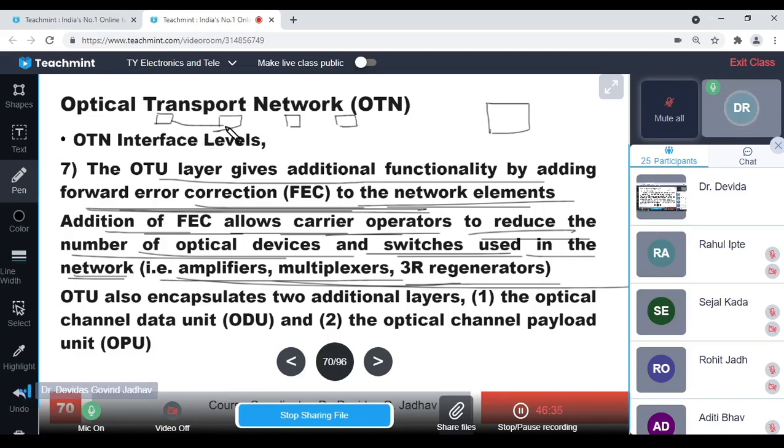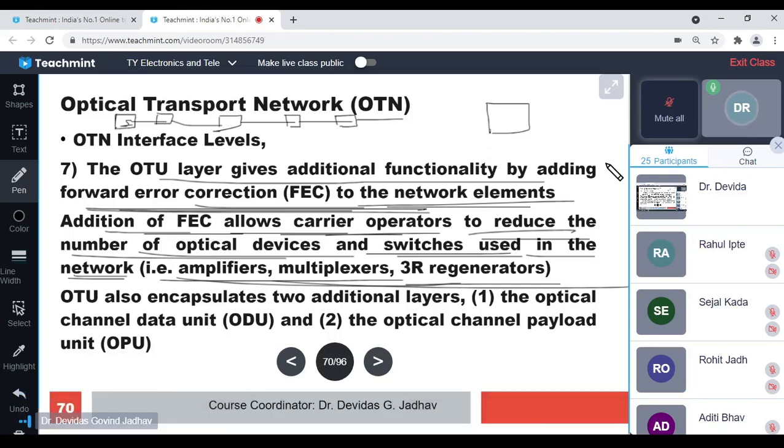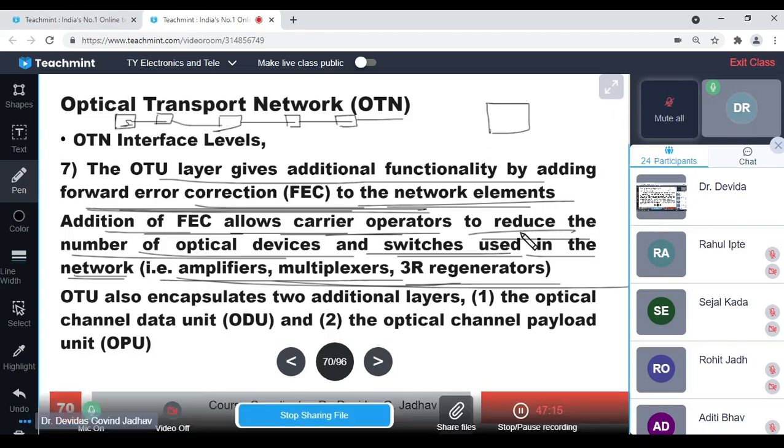When a signal is sent from a source node and has to reach the destination, amplifiers, multiplexers, and 3R generators are placed very frequently to process those signals before they deteriorate, so that they are amplified before the error is introduced. So a larger number of such devices is required to protect the system from errors.